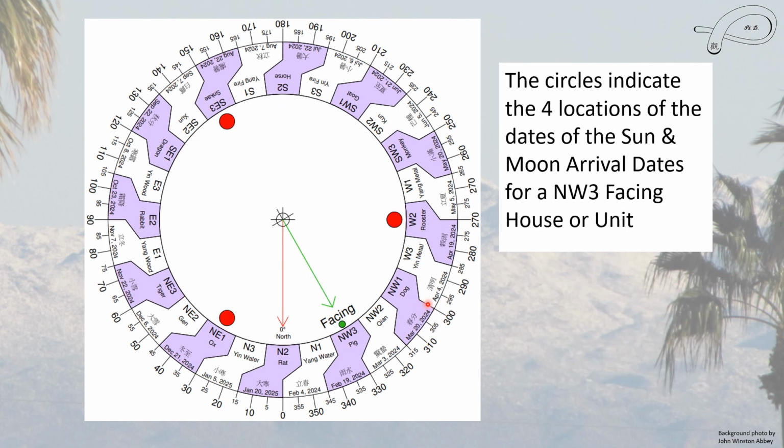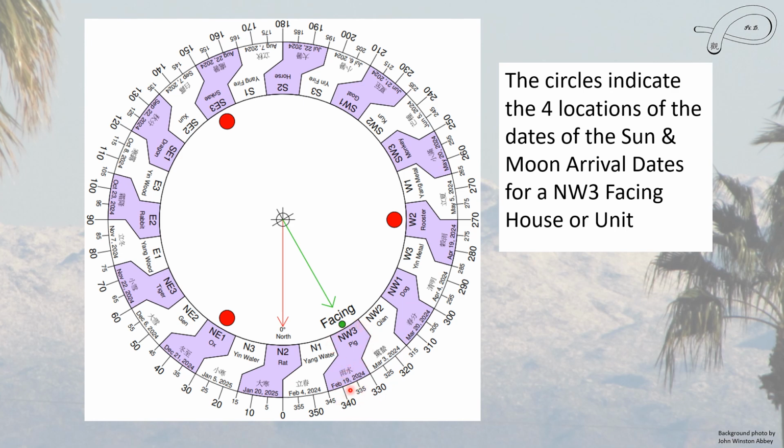So I'll give you a couple more examples. This I've summarized. This inner part summarizes the thing. We have the facing direction, we have the sitting, and then we have the 3 harmony ones here. So this happens to be a Northwest 3 facing house.